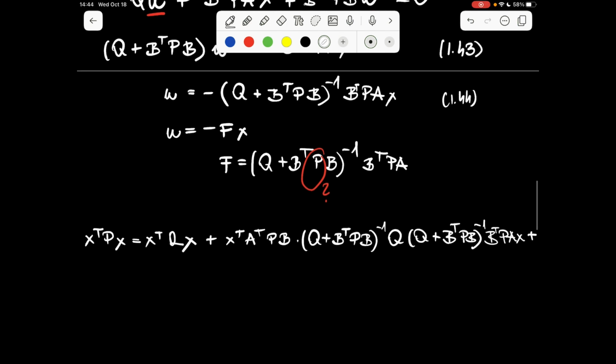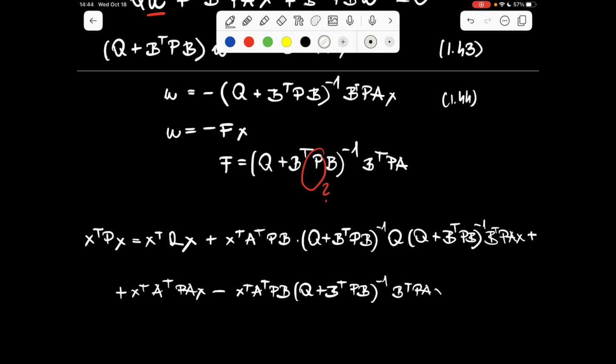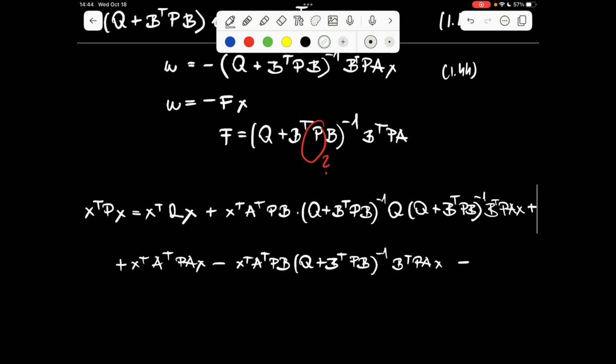Okay. Second line. It looks very complicated, but in the end we will find the patterns in this equation, and then we will realize that it can be simplified significantly.